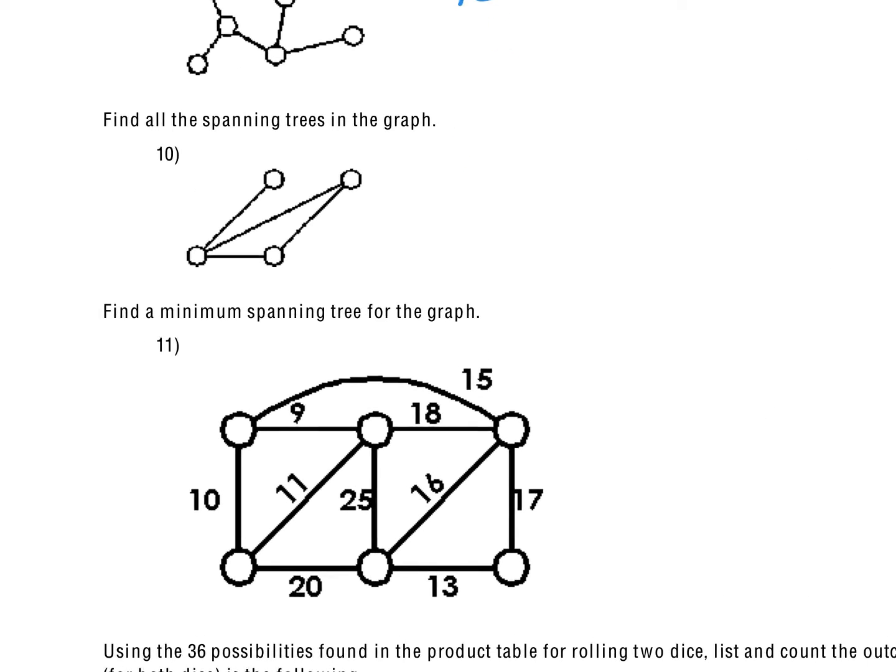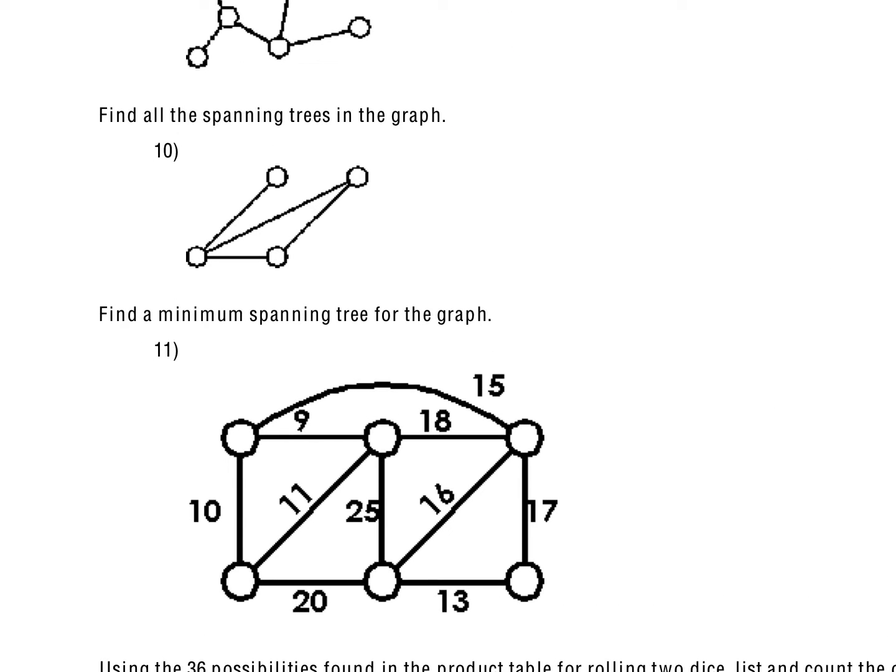Number 10, find all the spanning trees in the graph. Okay, so we could either remove this edge, in which case the graph would look like this. That would be 1. We could remove this edge, in which case it would be this 3-pronged graph.